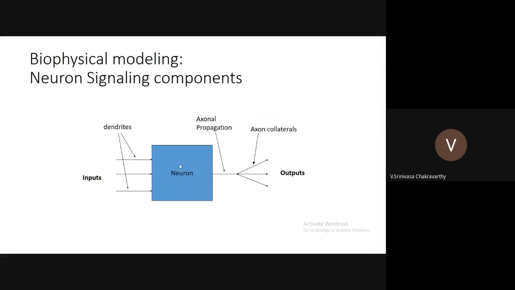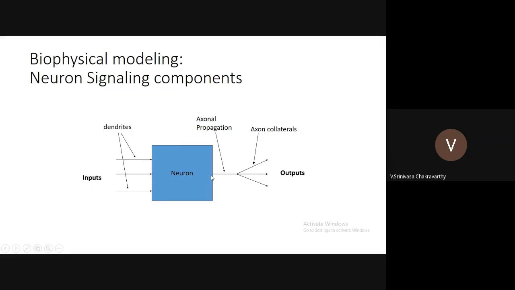Now let us look at the biophysical models of a neuron. We look at all the 4 signaling components. As you remember, there are 4 signaling components in a neuron: the dendritic processing and the summation in the neuron, and the action potential generation at the axon hillock.